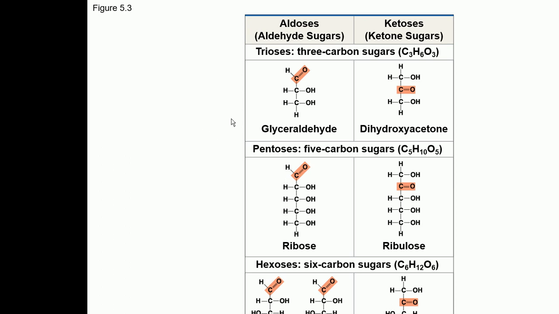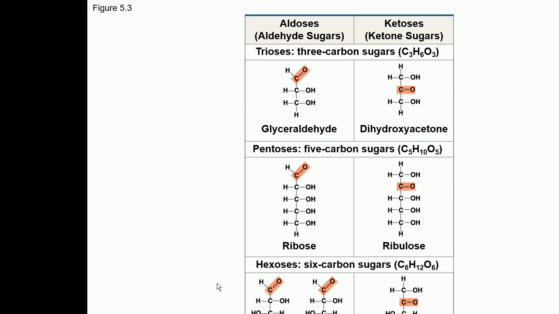In the pentoses, which have 5 carbons, if there is an aldehyde group, then the sugar is ribose, and if there is a ketone group, then the sugar is called ribulose.